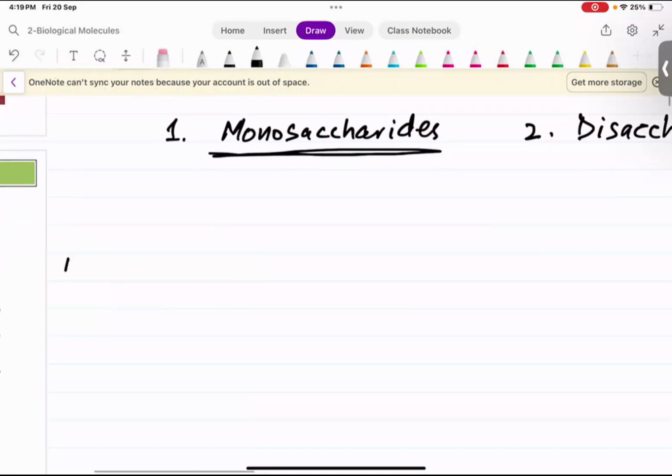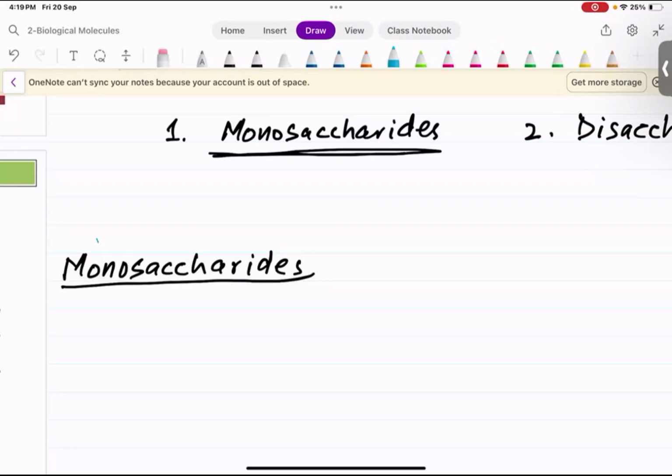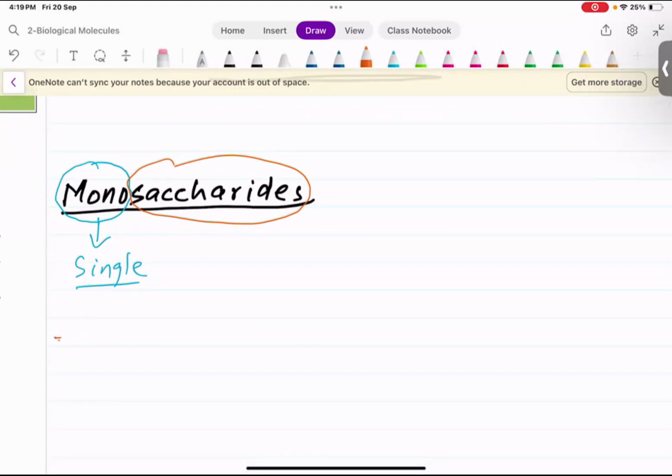Monosaccharides. Mono stands for one or a single. Okay. And the saccharide, that stands for a sugar unit. So carbohydrates which consist of single sugar unit.